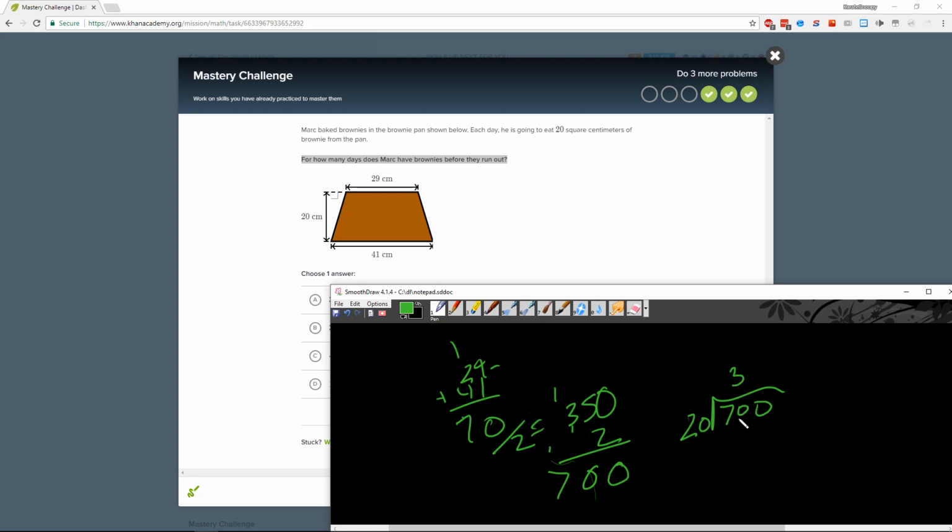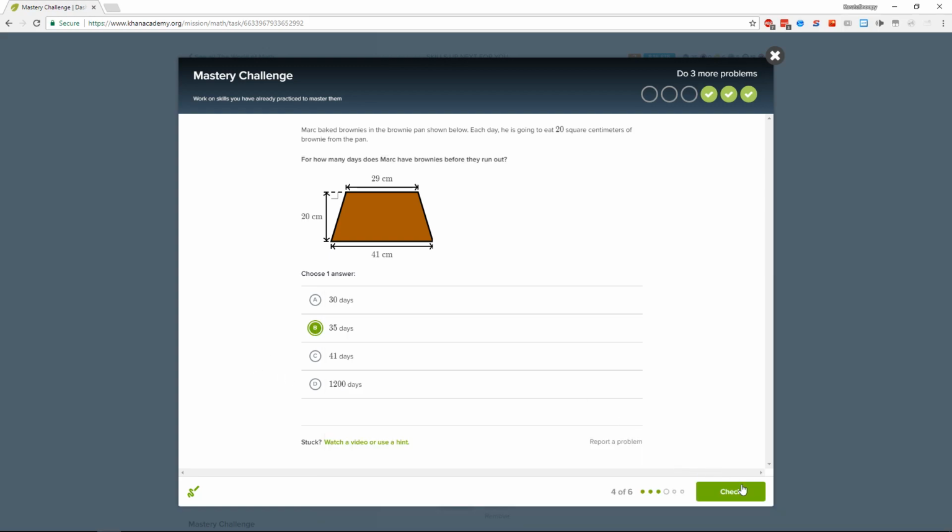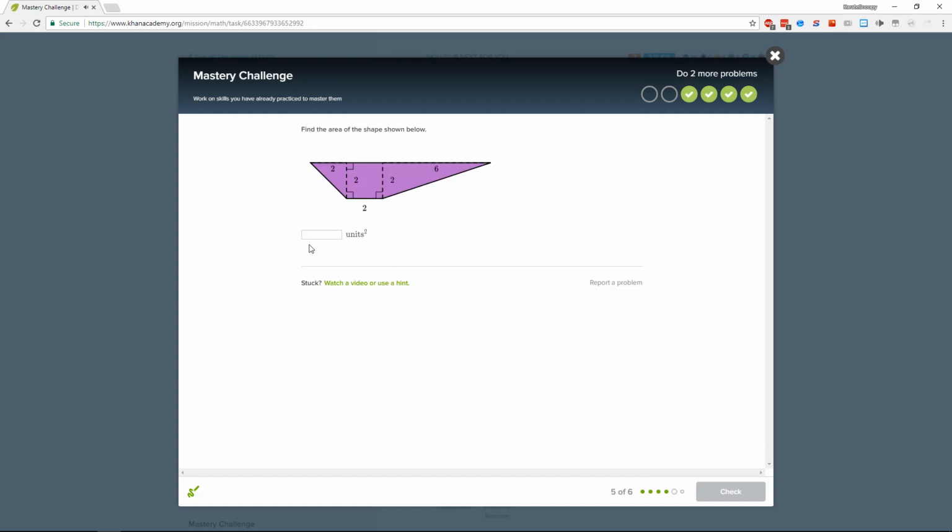So we got 3 there and 60 there, so 10. So 35 days. Looks like that's a ton of days of brownies.